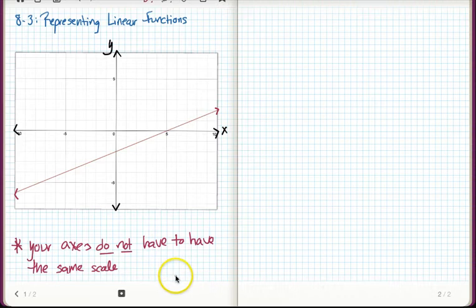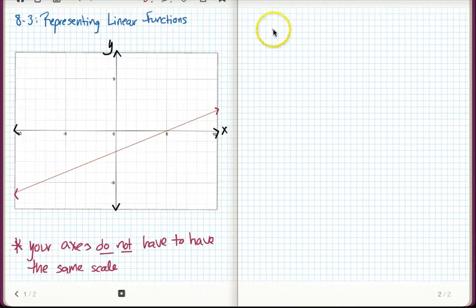Think of population graphs. You might want to count by thousands or even millions, but you would not do that on the x-axis because maybe you're looking at years and you want to go from 2000 to 2001, 2002. Just remember that you can count by different units on your individual axes. But for the most part, we can keep them the same: ones, twos, fives, and tens.